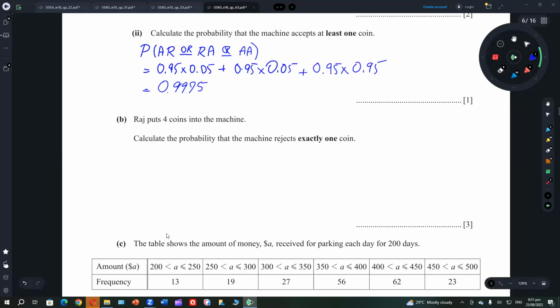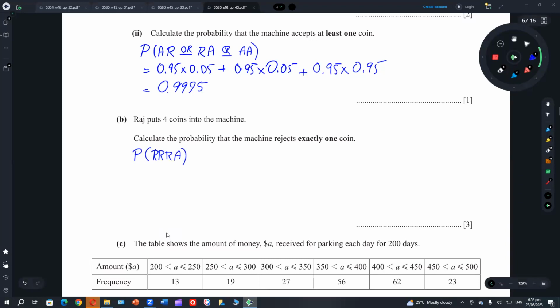Raj puts 4 coins into the machine. Calculate the probability that the machine rejects exactly one coin, only one coin. Obviously, he is putting 4 coins, so the probability would be reject, reject, reject, and accept. He says only one.